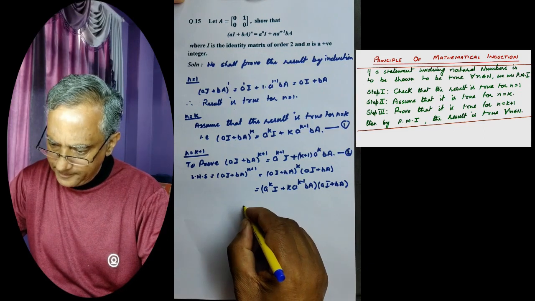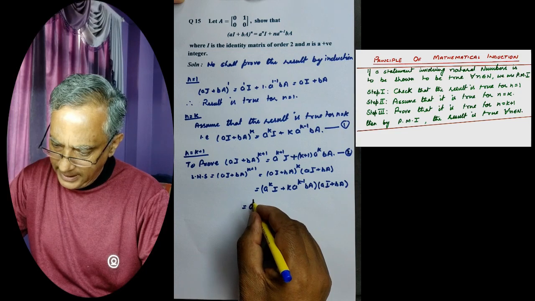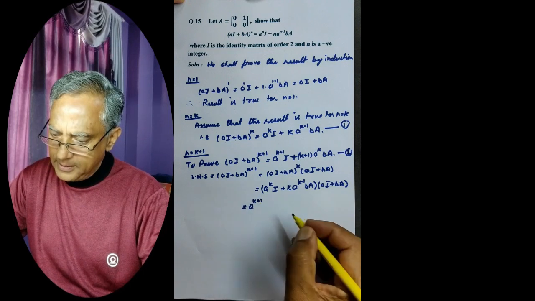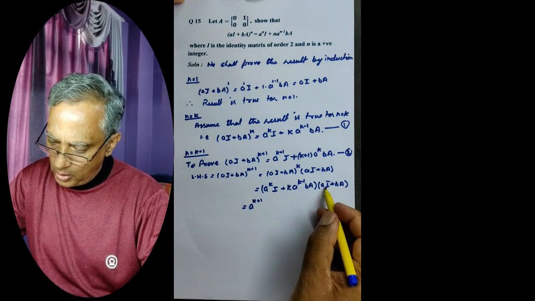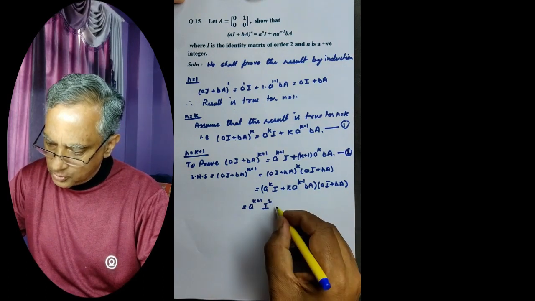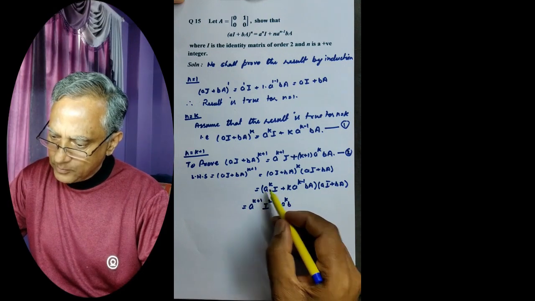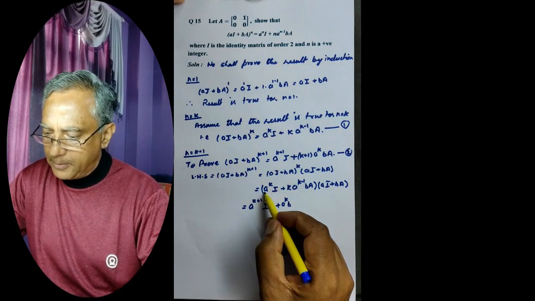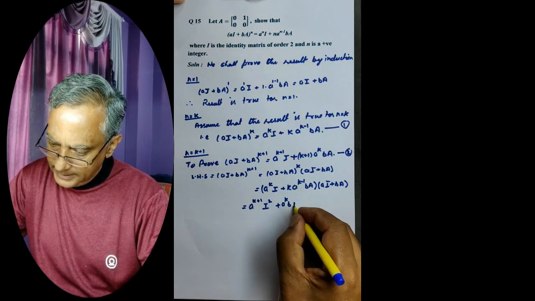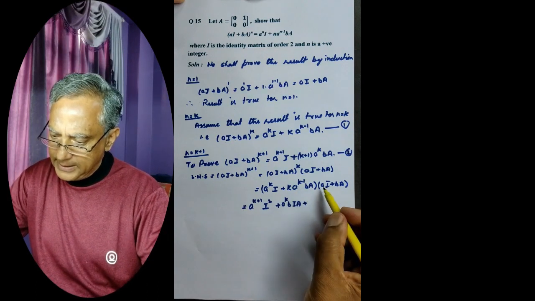Now open this bracket. What we get is a to the power of k, and a^k into a is a^(k+1), and this will be I into I is I square. This into this will be plus a^k into b, a^k into b. Scalar will get multiplied with scalar, and we will get IA, plus. Now multiply this with this with this.